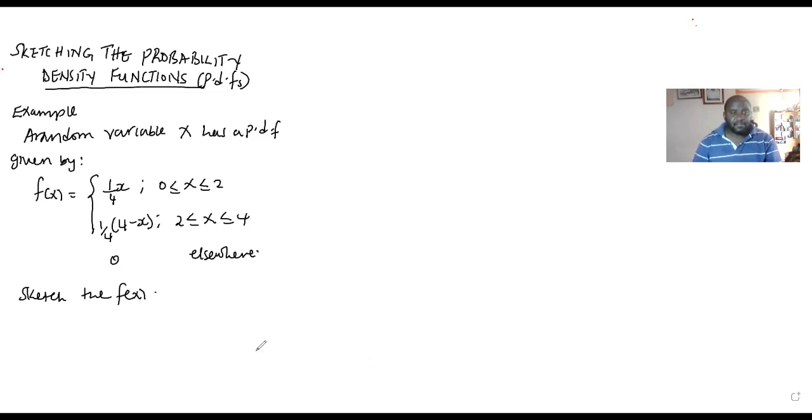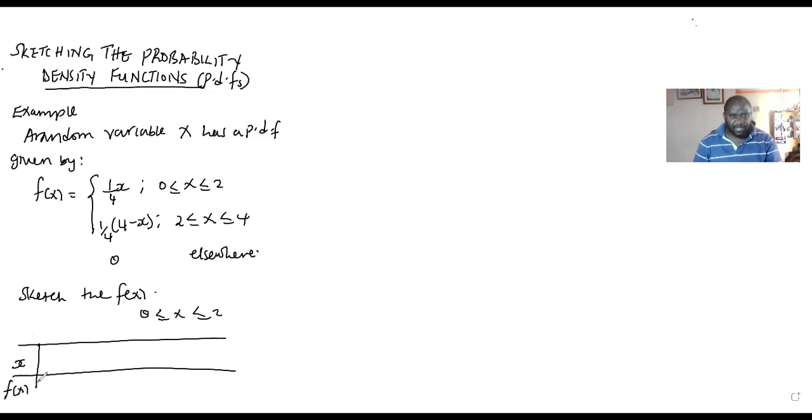So to sketch this curve, one, look at the region between 0 and 2. This region has values of x. Then it also has values of f of x we can predict. Remember, on the curve, f of x represents y. So the first one can be 0. Our second one can be 2. So the function f of x is a quarter x in that region. When I substitute 0, I still get what? 0. When I substitute 2, I'm going to get what? 2 times a quarter, the answer is a half.